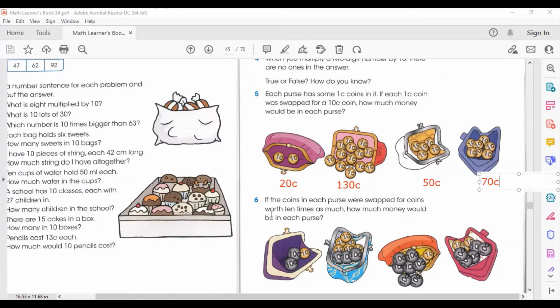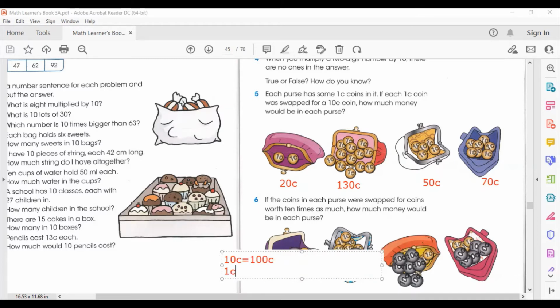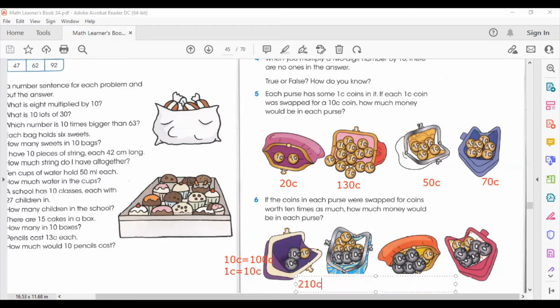So it means this 10 is equal to 100. 10 is equal to 10 cents. This changes, or swaps, into 100 cents, and 1 cent swaps into 10 cents. This should be in your mind. So the black one equals 100 and the other color, gold one, equals 10. So 100, 200 and 10, 210. So right here 210 cents.